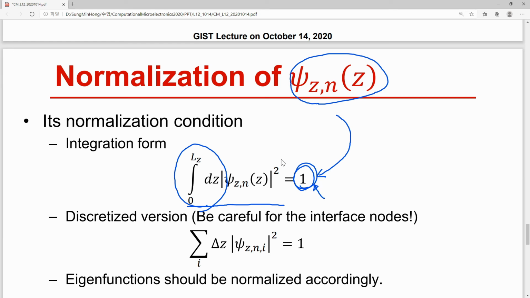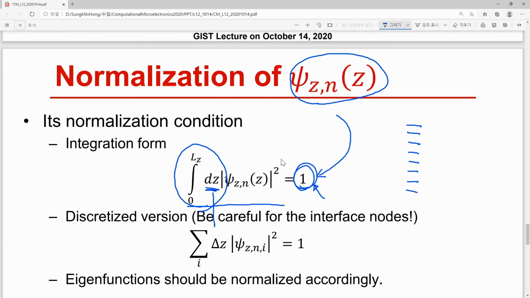And its discretized version is shown here. Since we have assumed uniform spacing along the z direction, this dz can be easily approximated as the spacing.